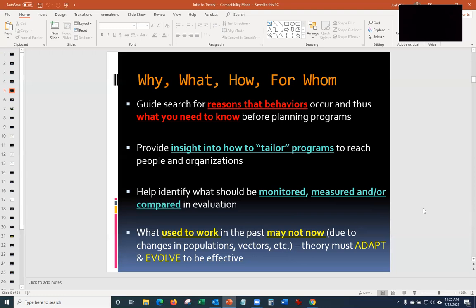If we know that some collection of factors are related to one another, these constructs that we're interested in, that will guide us in telling us what we need to be measuring and what we need to be trying to impact in terms of getting people to change their behavior.